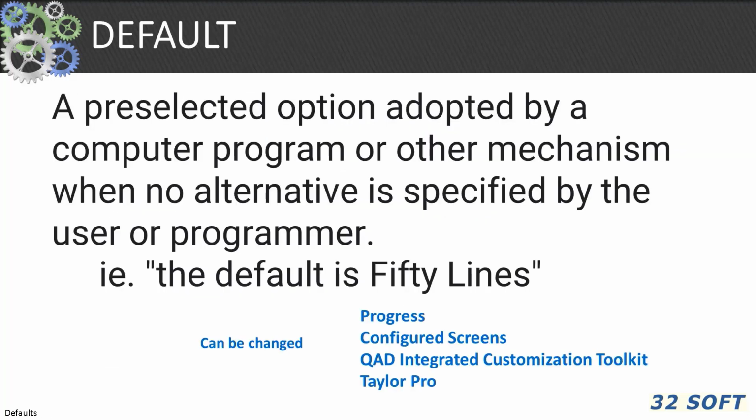A default is a pre-selected option adopted by a computer program or other mechanism when no alternative is specified by the user or the programmer. Like the default is 50 lines. Defaults can be set up with Progress code, configurable screens, QAD's integrated customization toolkit, or Tailor Pro.